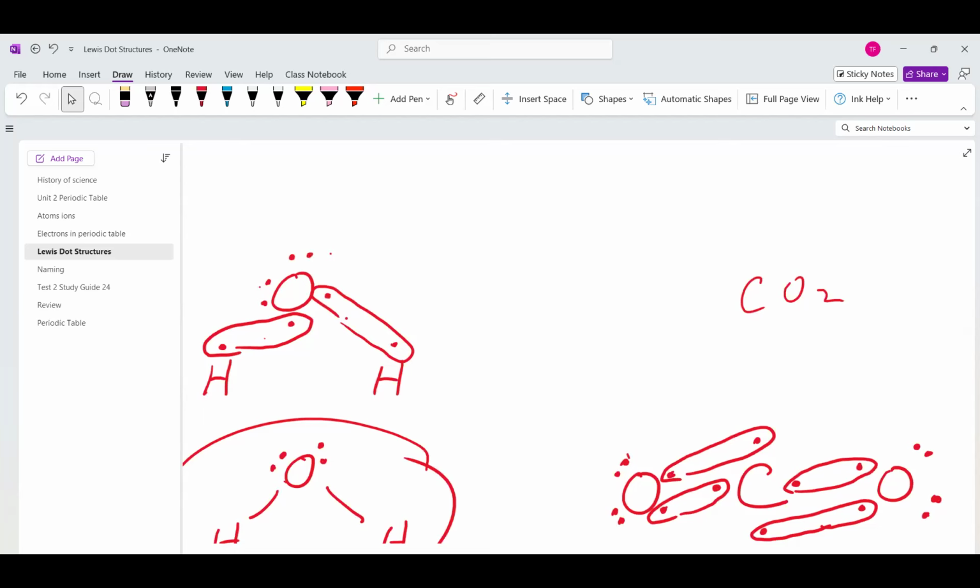So carbon can have a triple bond and a single bond, because that adds up to 4. Or 2 doubles, Spock would be proud, 2 plus 2 is 4, or 4 singles. As long as it adds up to 4, it's fine. Oxygen's 2, so it can be 2 singles or a double. So this is legal. Now we're going to replace the lines.